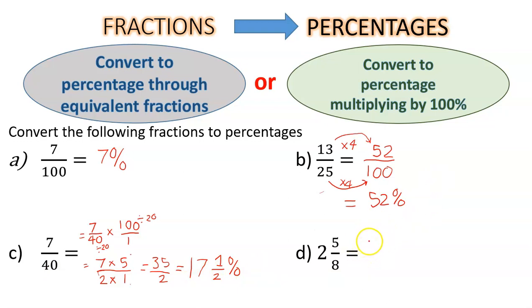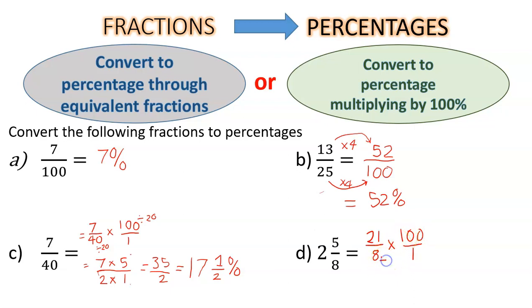The first thing I'm going to do is change this to an improper fraction. 2 times 8 is 16, plus 5 is 21. So I'm going to have 21 over 8. And we need to multiply this by 100, and we can convert that to a fraction. Can I cancel out diagonally? Yes, I can.